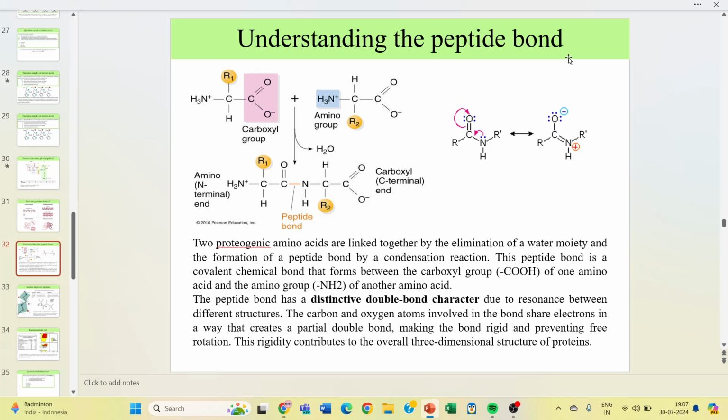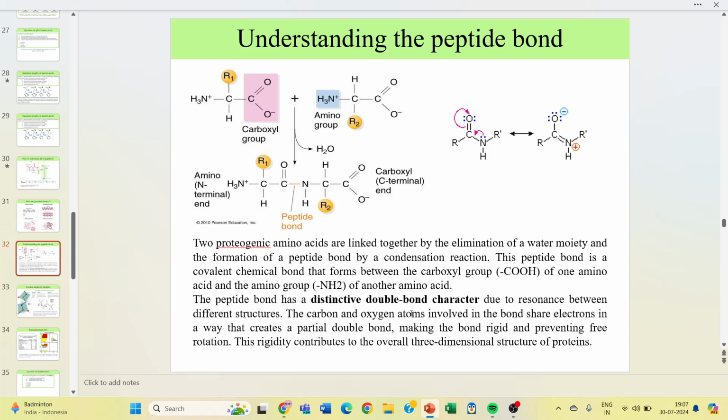So in the peptide bond, what happens? There is the removal of one water molecule and the two amino acids get joined together. Now this peptide bond, you can see that this is a single bond, but then there is a carboxylic group here. So there is actually a resonance going on between these two, and there is a distinctive double bond character due to resonance between the different structures.